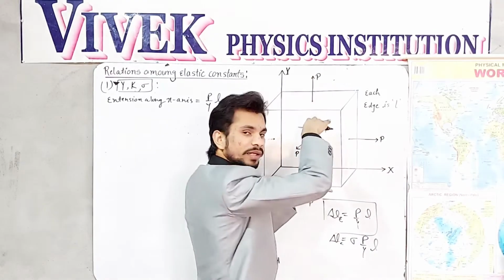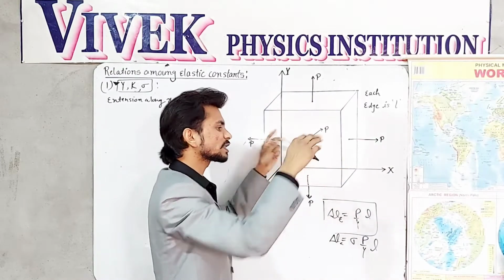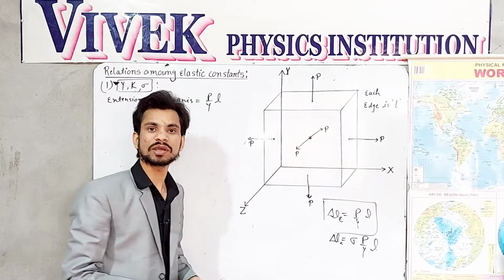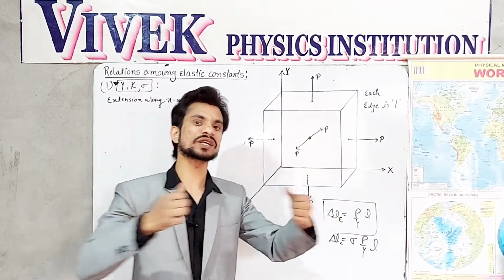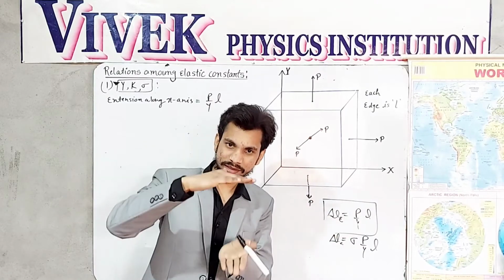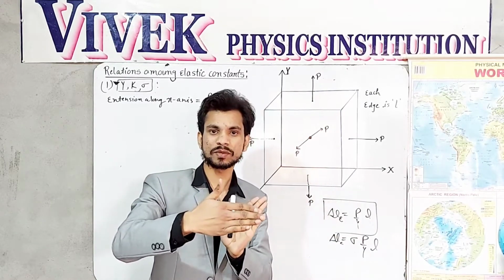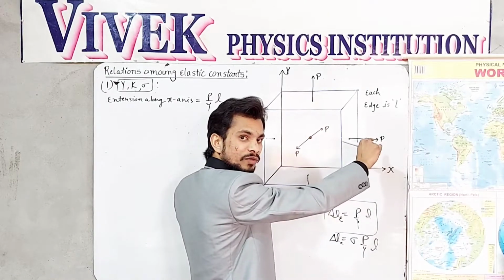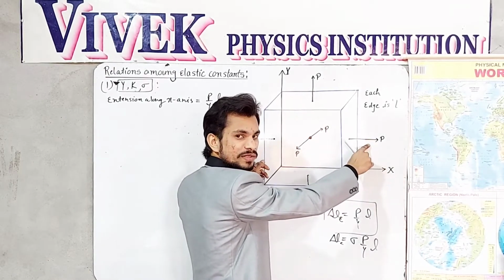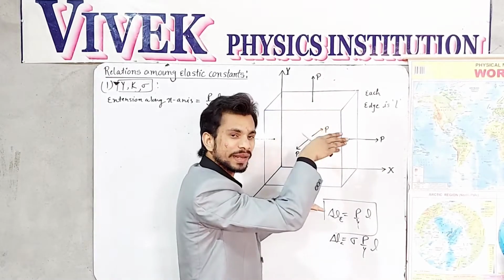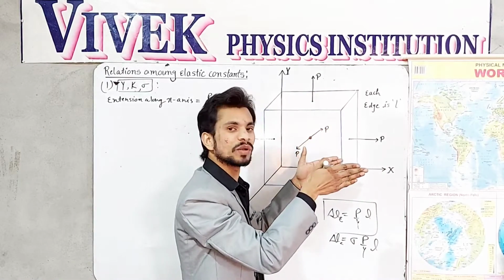The z-axis edges will also contract. You can easily feel this in real phenomena. If you are stretching a cube along the x-axis, it is contracted in this way as well. So on account of this normal stress along the x-axis, its y edge will contract as well as its z edge.